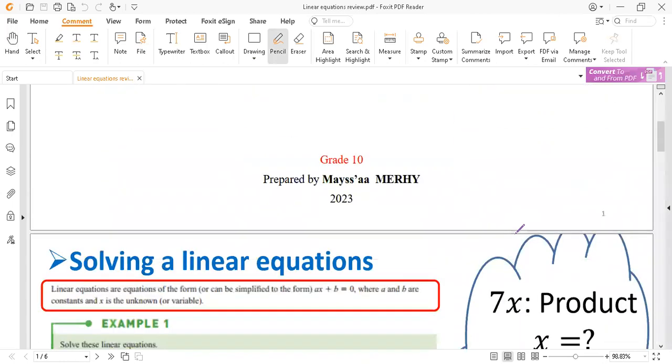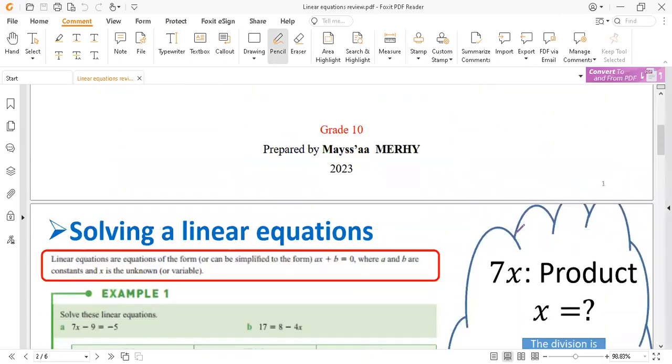So what do we mean by linear equations? First of all, linear equations are equations of the form ax plus b. Normally we have only one unknown and different real coefficients, real values that can be positive or negative.